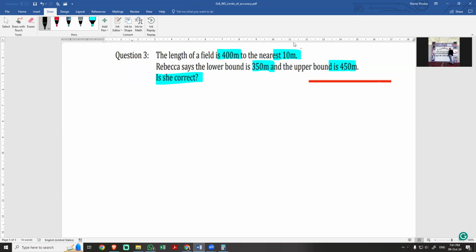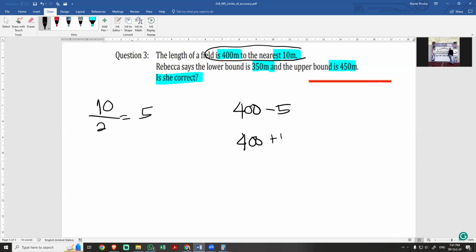So now let us look at the given. It's nearest 10, so it's going to be 10 divided by 2, which is 5. Now, if you solve, it's going to be 400 minus 5 and 400 plus 5. Sorry, it's going to be 395, because that's the lower bound.